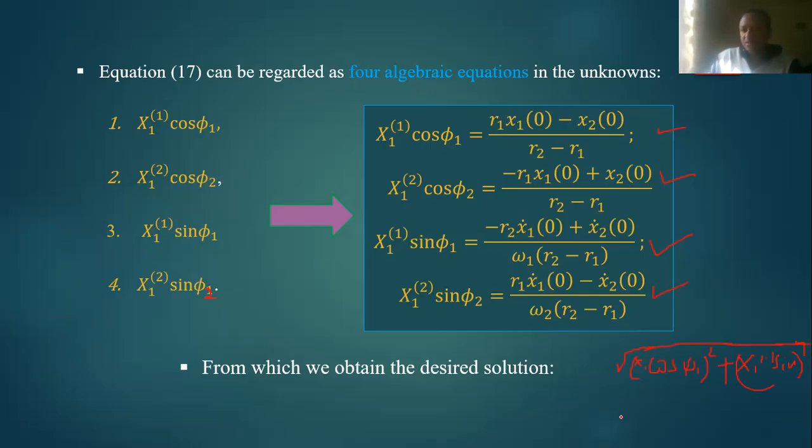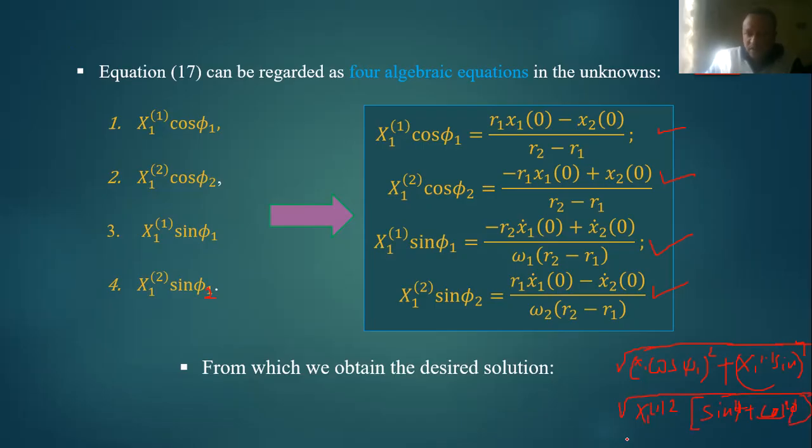Why? Because we can take x1 of 1 squared as a common factor times sin phi 1 squared plus cos phi 1 squared. Sin phi 1 squared plus cos phi 1 squared gives us 1.